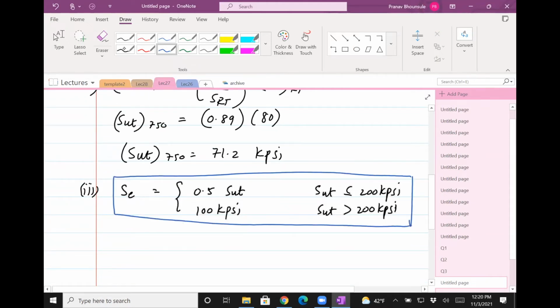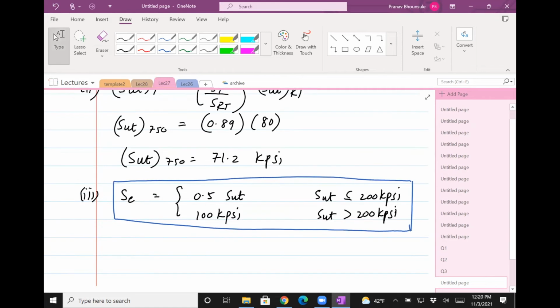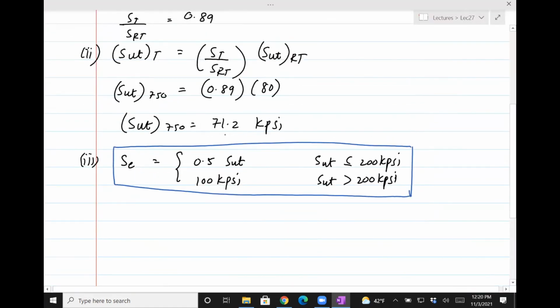Okay. So which one do we take? Well, we take the one which depends on the tensile strength. Here we have 71.2, and note that this is at 750. Okay, so SE is 0.5 times 71.2, the top one. And so SE, by the way, this is now SE at 750, right?